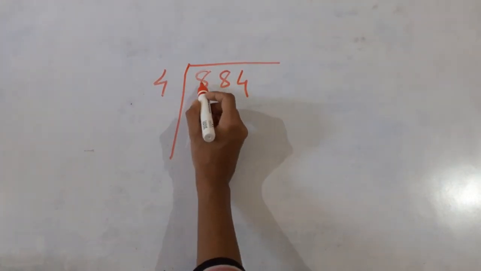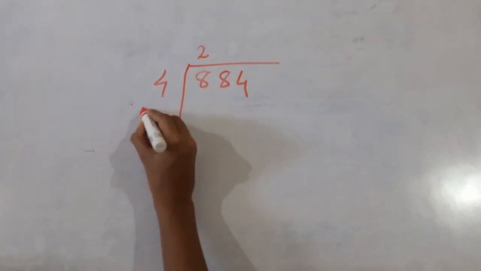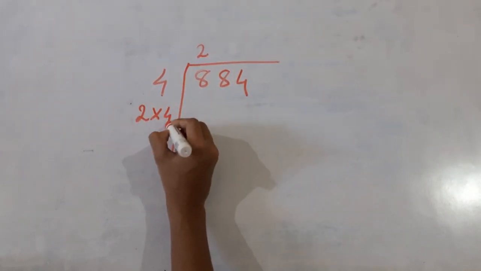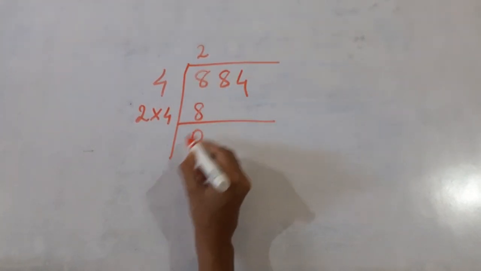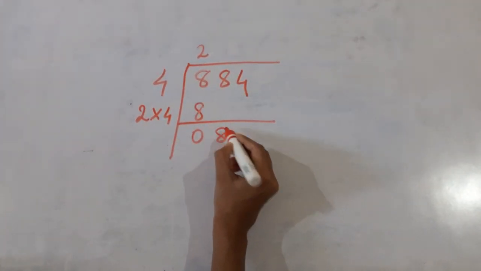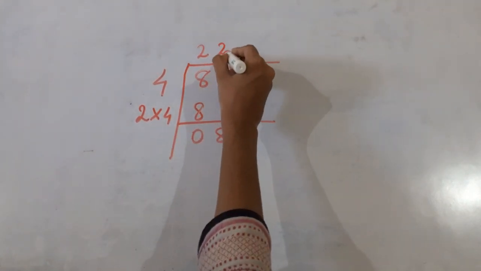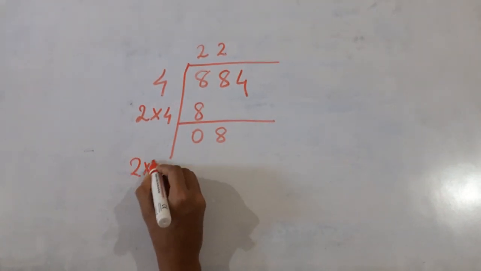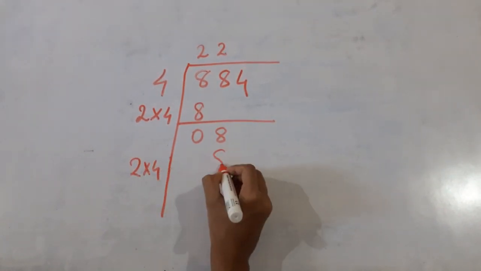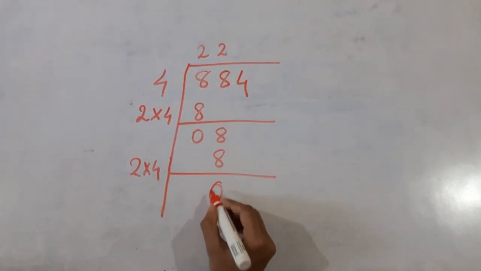Okay. So how many 4s are there in 8? 2 4s are 8. So 2 into 4, 8. 8 minus 8, 0. Now I will write here 8. How many 4s are there in 8? Again 2. 2 into 4, again 8. Now 8 minus 8, 0.